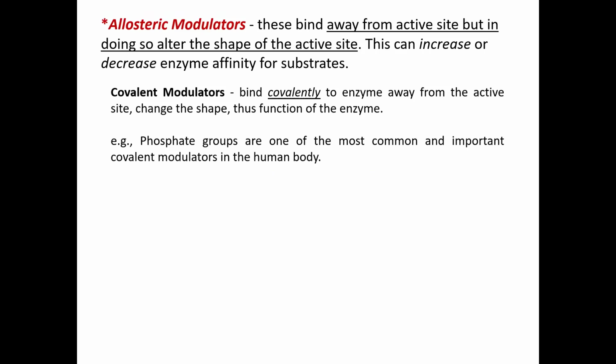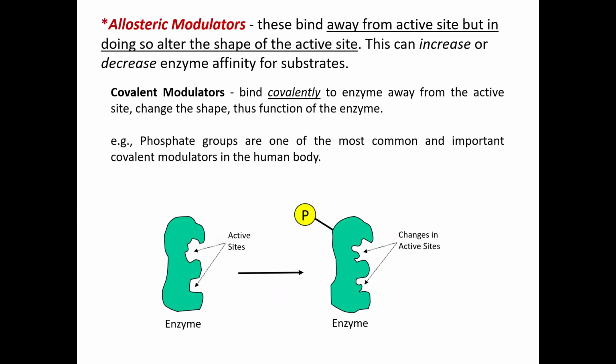It causes change in shape and also the function of the enzyme. For example, phosphate groups are one of the most common and important covalent modulators in the human body. You have the active enzyme, and when a phosphate group binds to it, it changes the conformation of the active site.